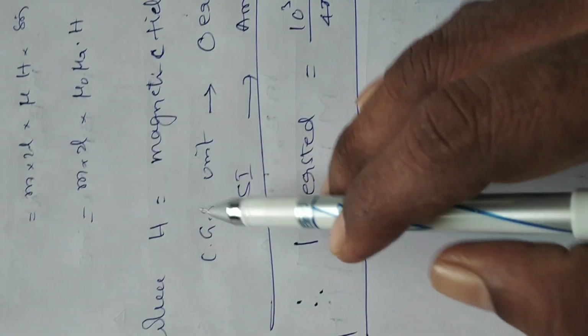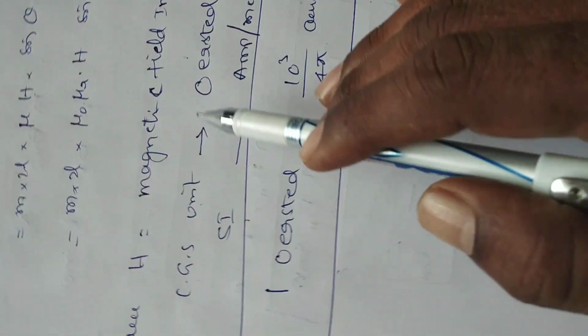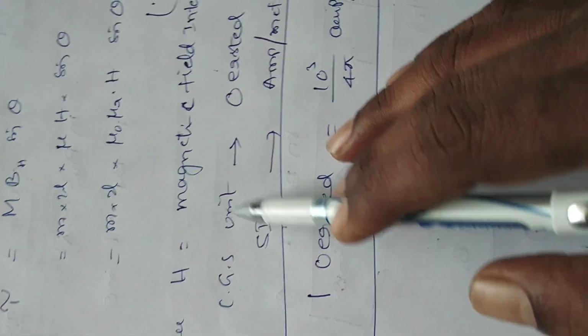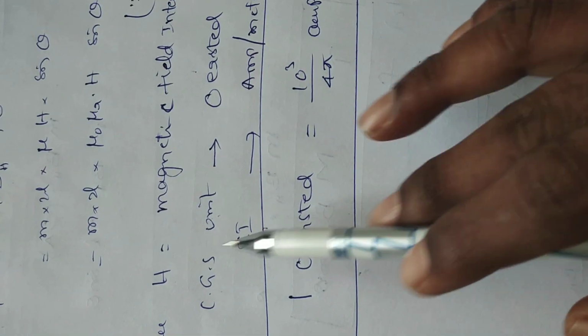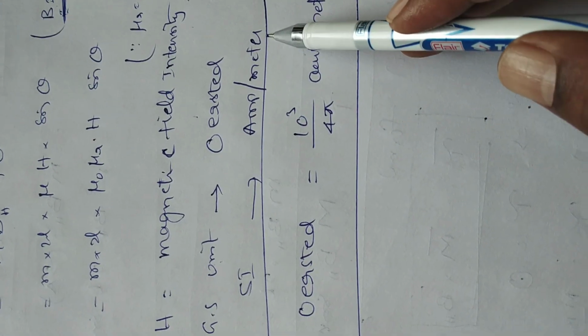For example, the CGS unit of H is Oersted. The SI unit of H is ampere per meter.